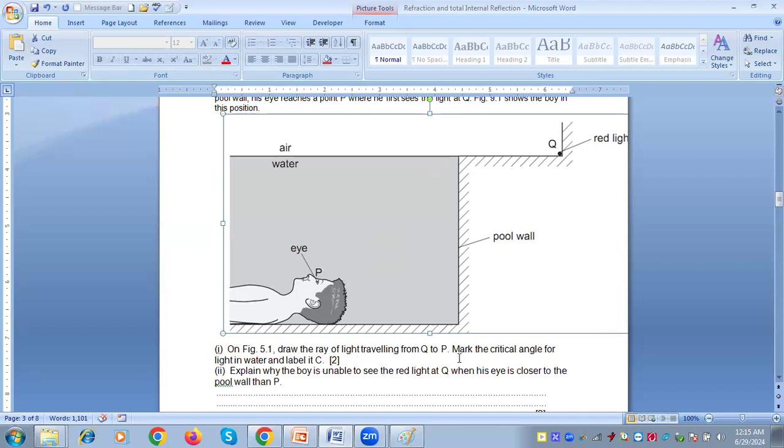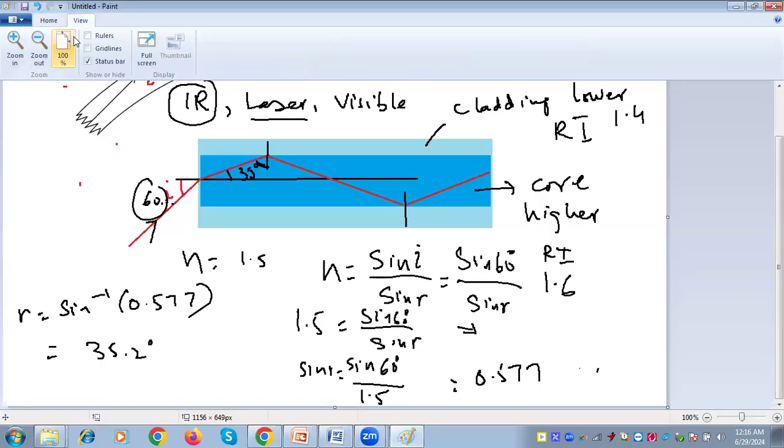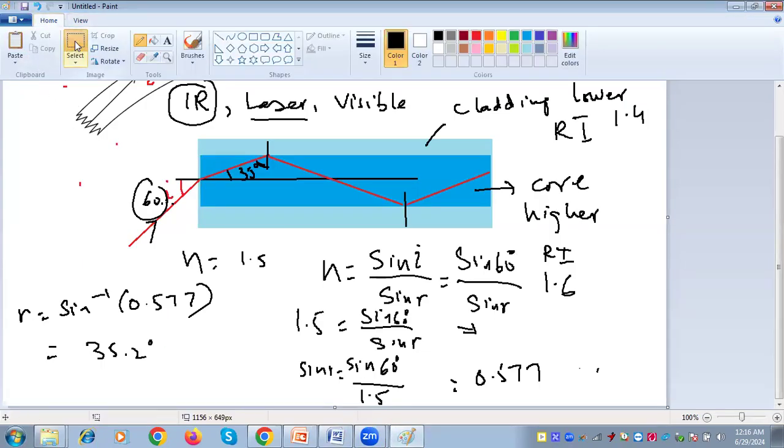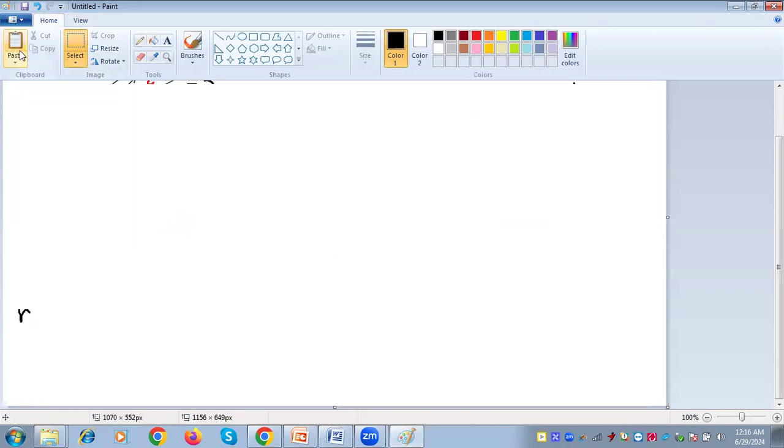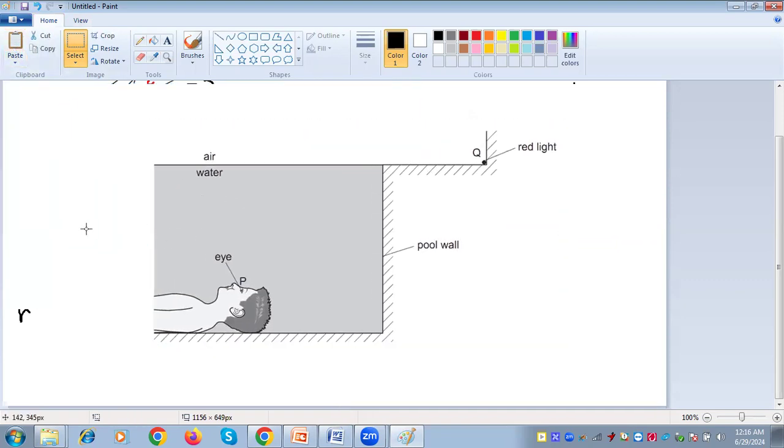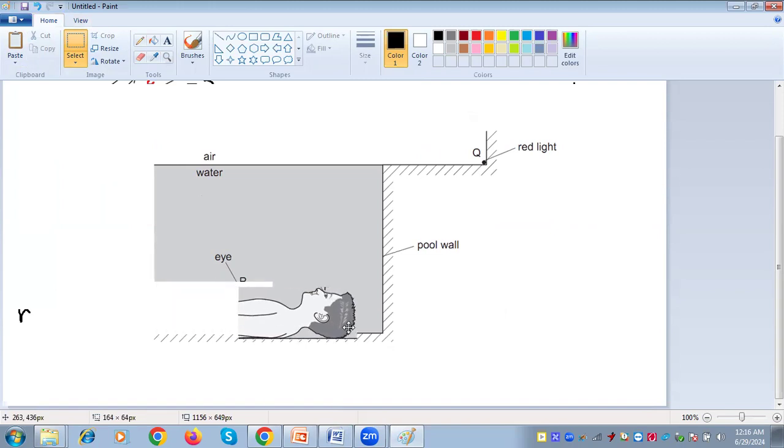Okay, so you have to draw the ray of light which travels from Q to P. So how the light which is just placed on the surface of the land at point Q will reach the point P? Here critical angle is involved. They say that when the boy was closer to the pool wall, he was not able to see the light because light was not reaching him. Why was the light not reaching him?